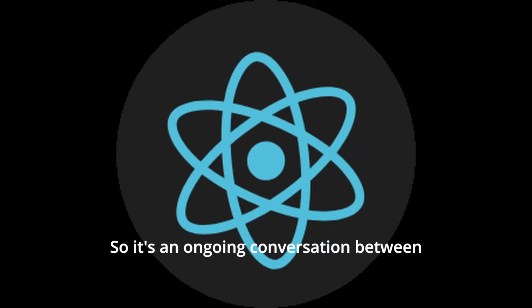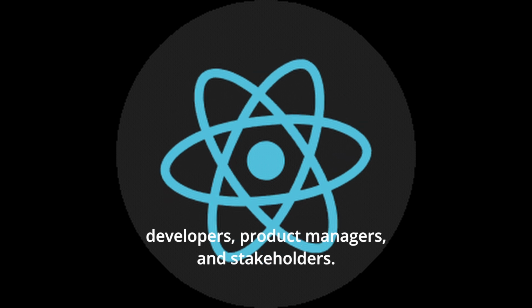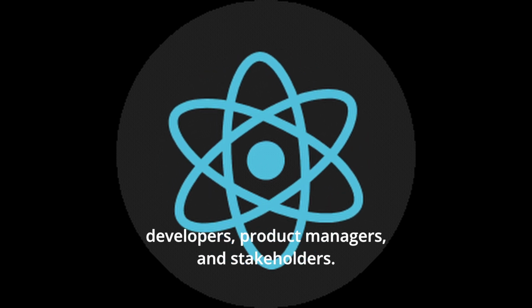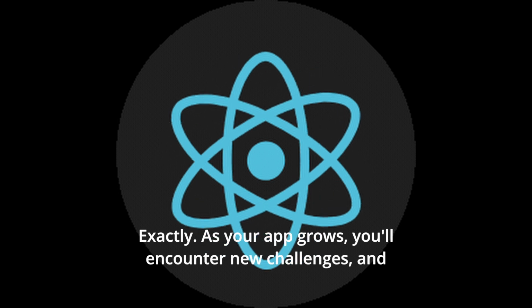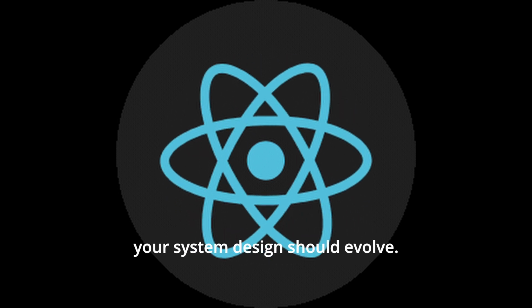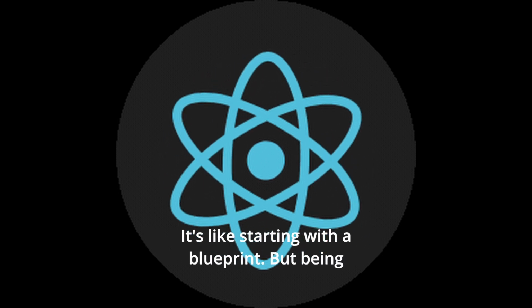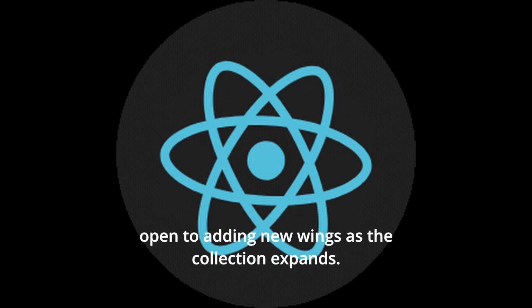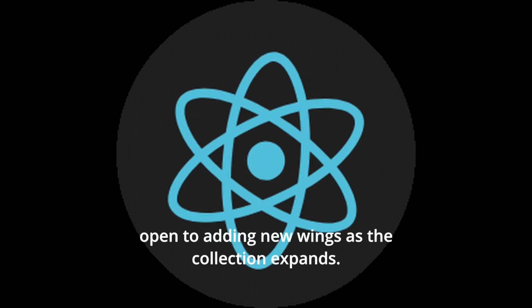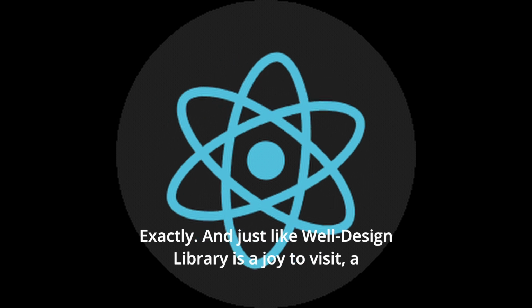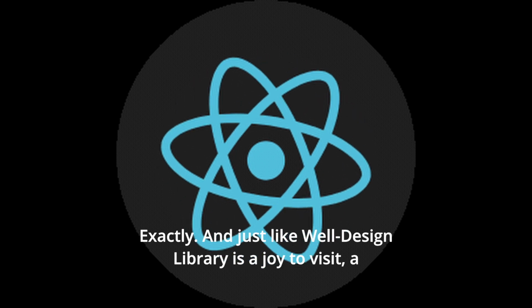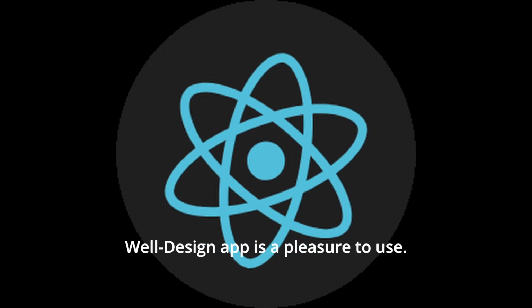So it's an ongoing conversation between developers, product managers, and stakeholders. Exactly. As your app grows, you'll encounter new challenges, and your system design should evolve. It's like starting with a blueprint, but being open to adding new wings as the collection expands. Exactly. And just like a well-designed library is a joy to visit, a well-designed app is a pleasure to use.